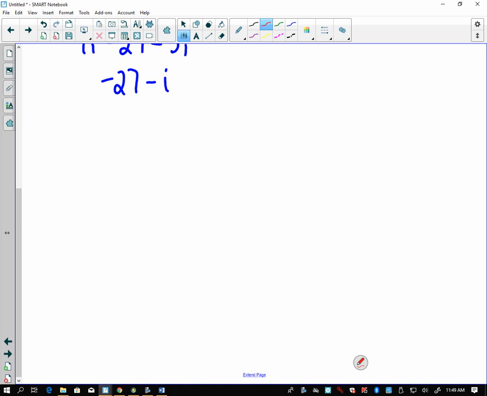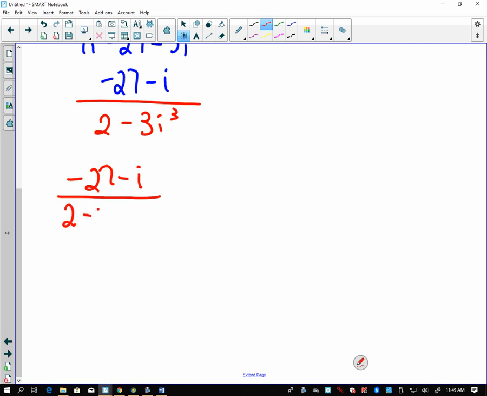So we got negative 27 minus i up top. Our denominator was 2 minus 3i cubed. That'd give me 2 minus 3i.